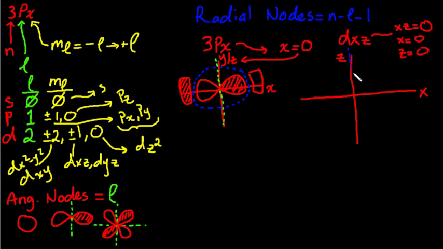So the plane where x is equal to 0 would be along the yz plane, and the other one would be along the xy plane. And so that's how we would use these nodes to help us sketch these orbitals.